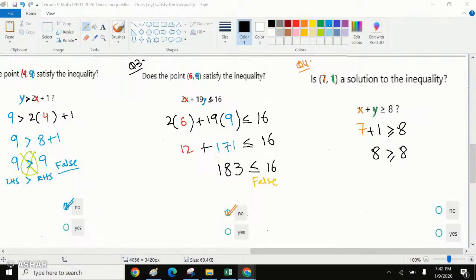First condition: 8 is greater than 8. This is not true. But 8 is equal to 8, right? This is a true statement. That means, yes, it is a true statement. Out of these two conditions, one condition has to be true, right?